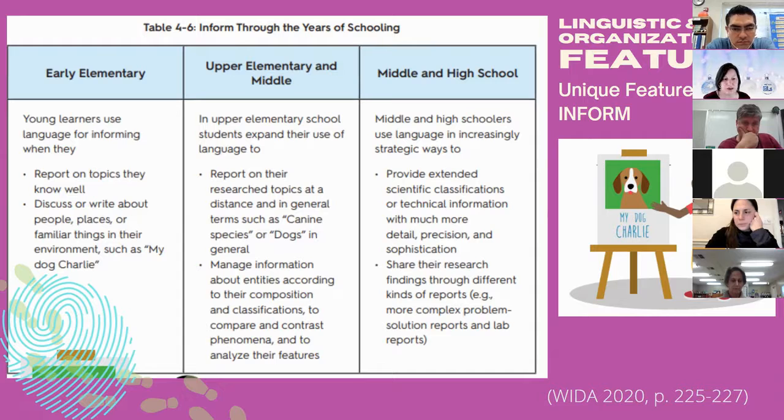At the beginning, we are giving students opportunities to tell us what they already know. We're not necessarily asking them to go learn something new to make a report. It's like, tell me about your pet, tell me about your room, things that they already know very well. And then as it goes further up, it's the research topics. Go learn so that you can report.